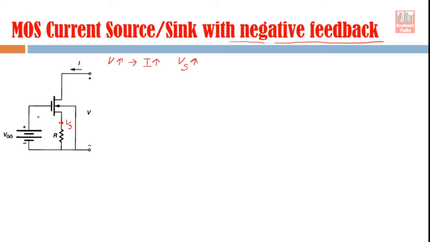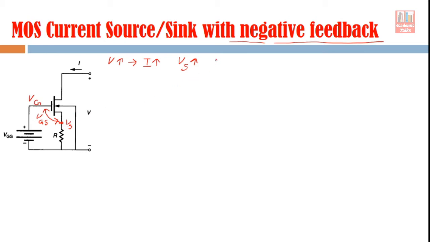If gate voltage is fixed, what will happen? If source voltage is increasing, the VGS will decrease. VGS means the voltage appearing between the gate and source terminals. So this voltage will decrease, because your VG is fixed and Vs is increasing.